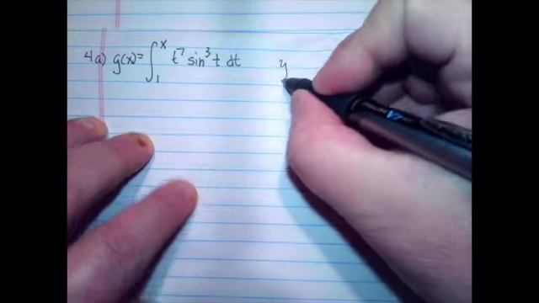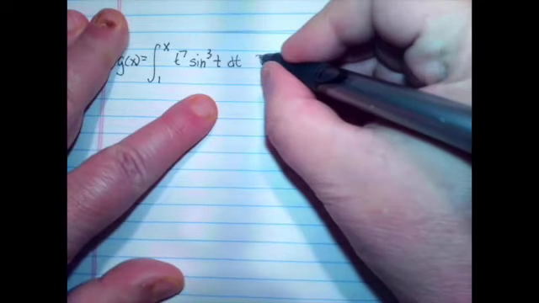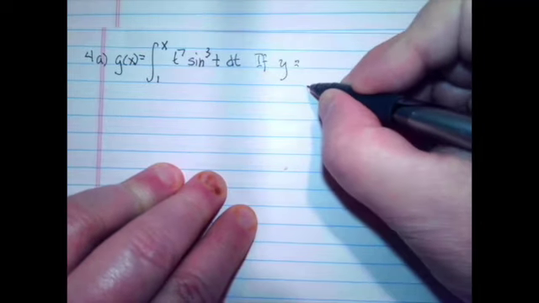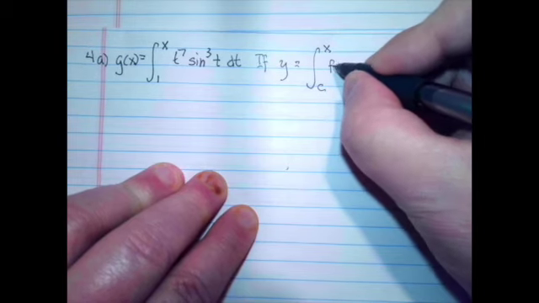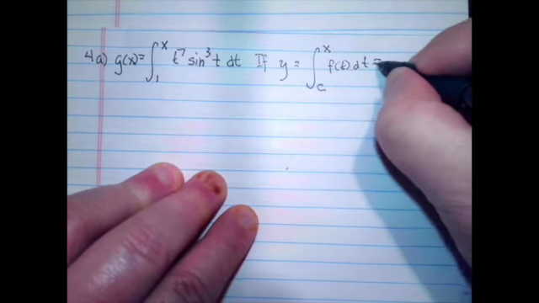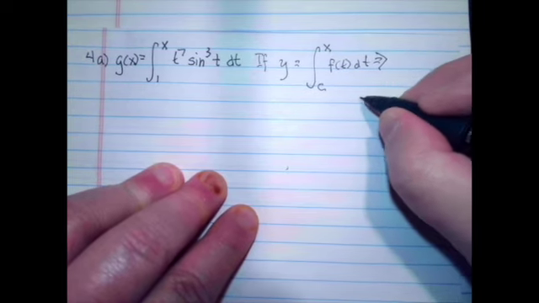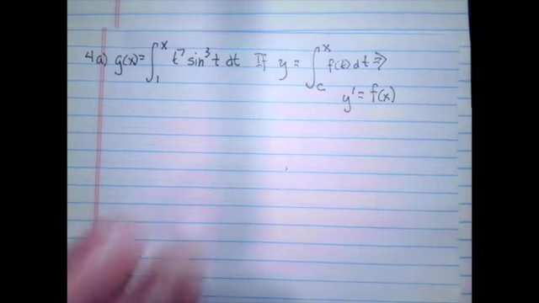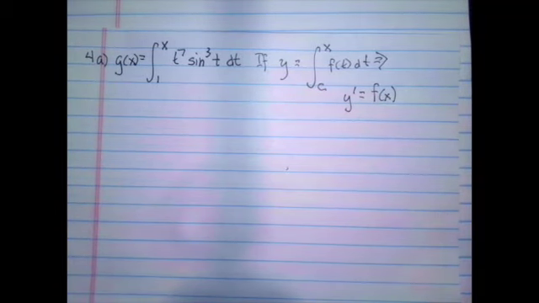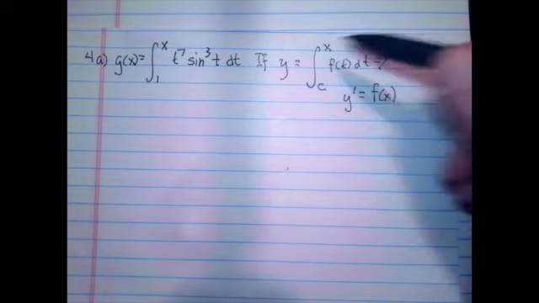4a, we are asked to differentiate the function g of x defined to be the integral from 1 to x of t to the 7th sine cubed of t dt. You recall that if y is defined to be the integral from some constant to x of f of t dt, that the derivative will be f of x, provided that the function f is continuous on the closed interval from c to x.